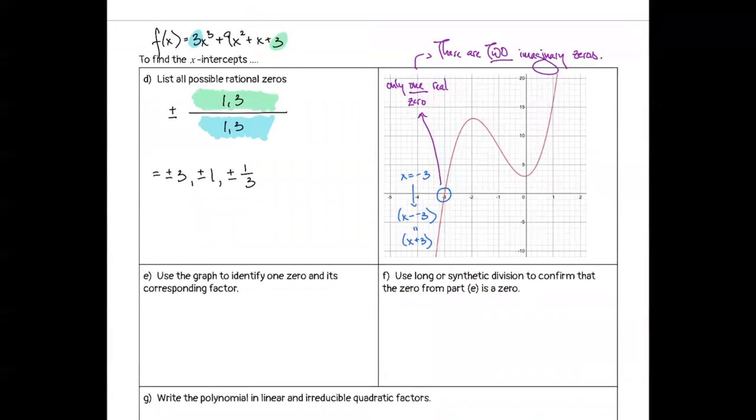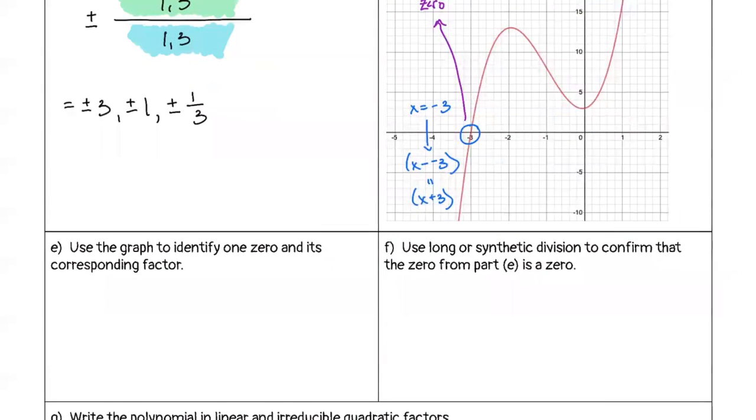So in part E, it says use the graph to identify 1 zero and its corresponding factor. We only see 1, so we really only have one thing to write down.